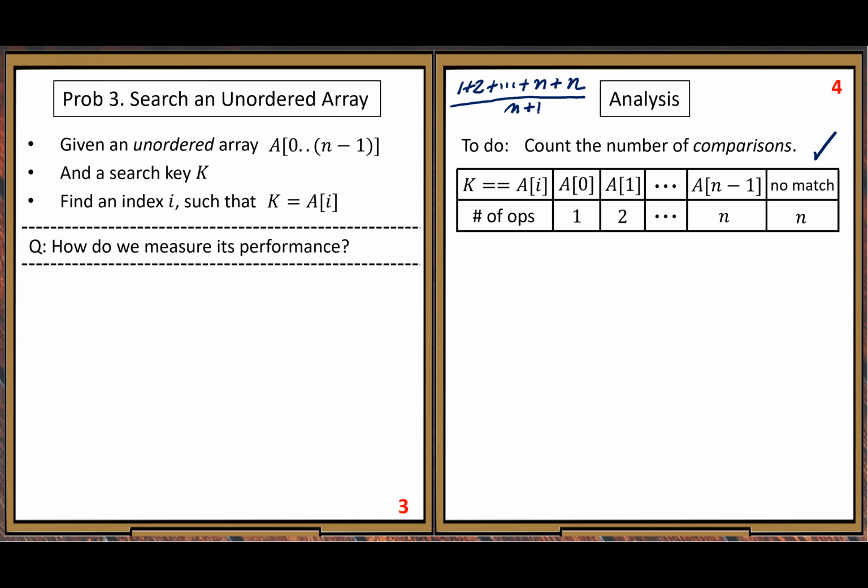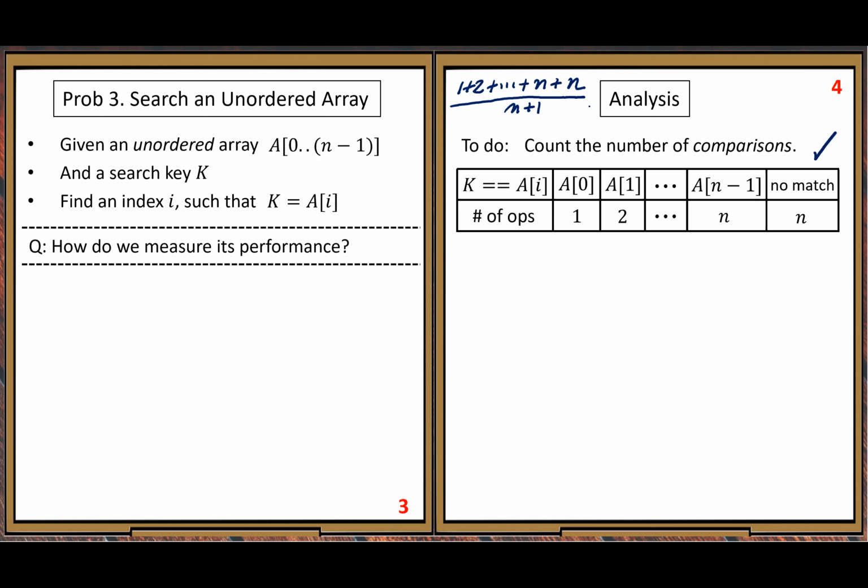Anything important not considered in this formula? Nobody answered. But actually there is another important factor not considered. When you take the average in this way, you assume each case occurs with the same probability, right?